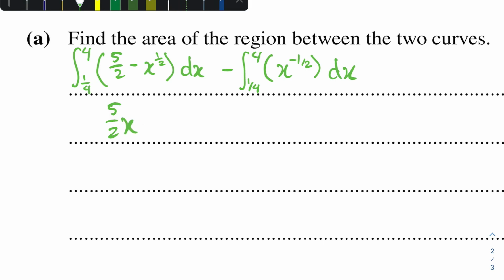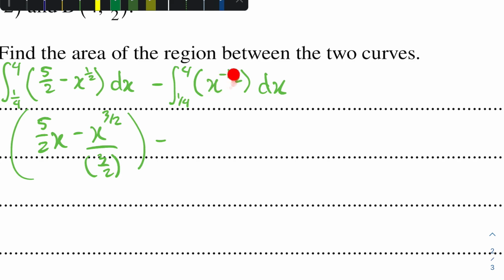So minus, the power added by 1 is gonna be 3 over 2, divided by the new power, which is 3 over 2. This one, subtracted by this, we add the power by 1, so negative half added by 1 is gonna be a half, divided by that new power, which is a half. Alright, just like this.